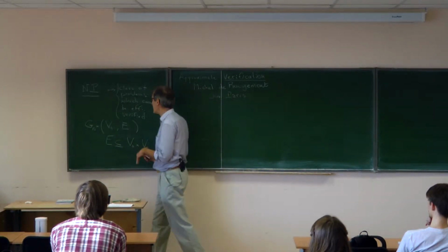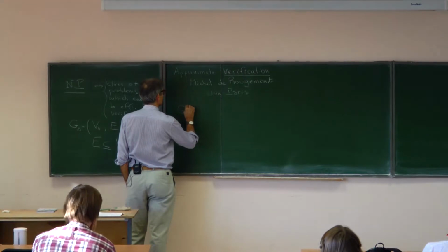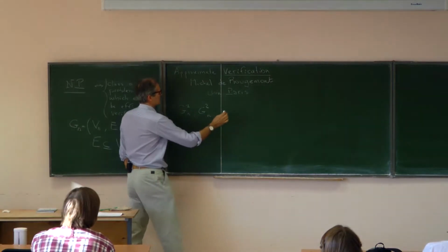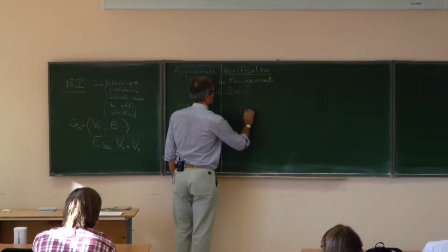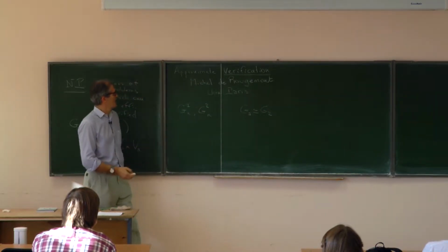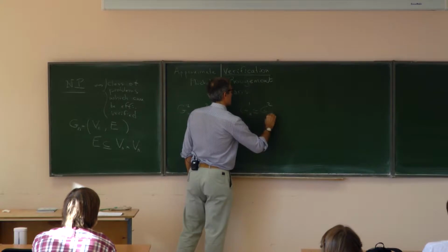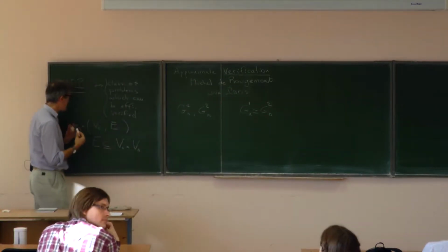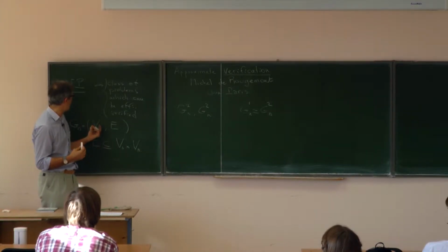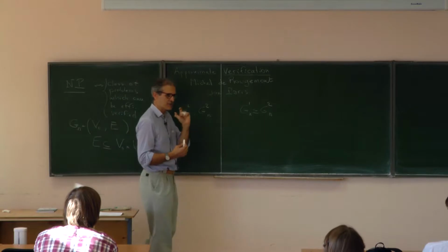Now suppose I give you two of those. The input here would be a graph G1 and a graph G2, and of course they have the same number of points. And I ask you, are they isomorphic? It means that you can find a mapping from the domain of G1 to the domain of G2, such that if you have an edge in G1, the image of that edge is also an edge in G2, and conversely.